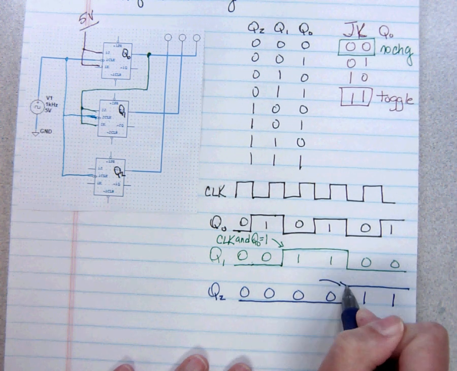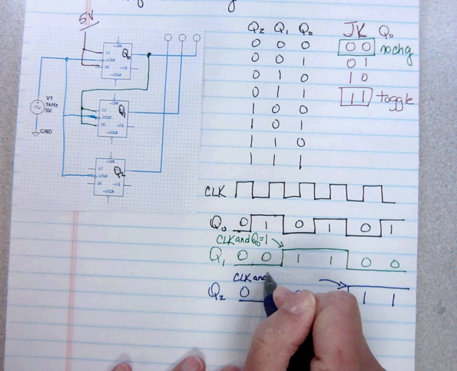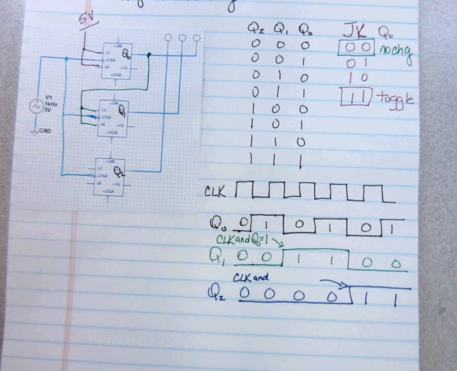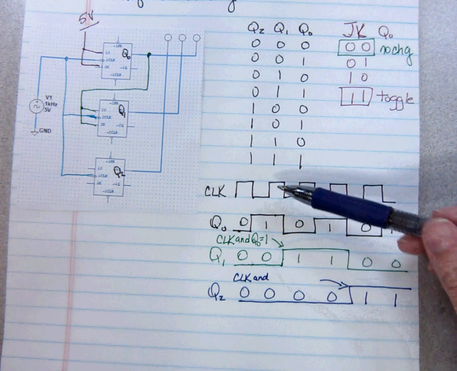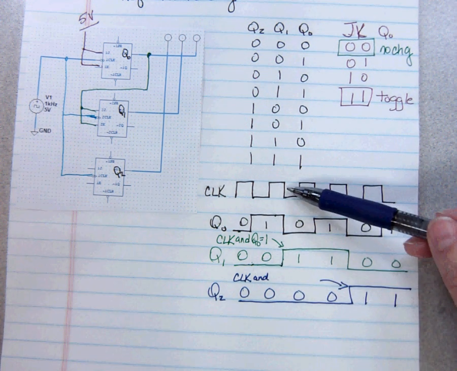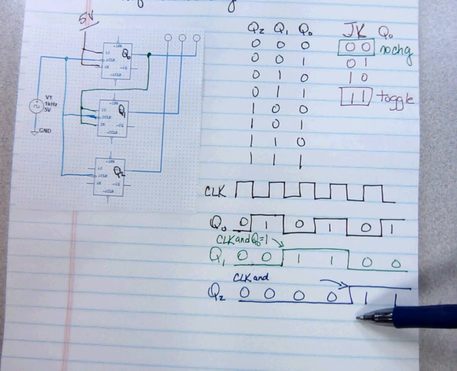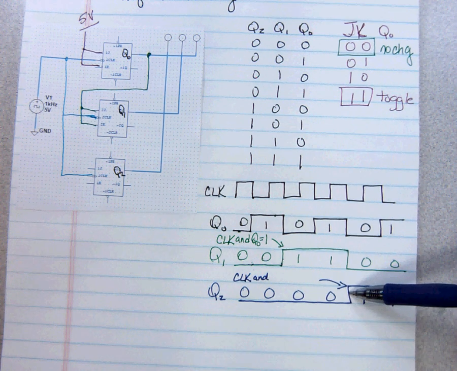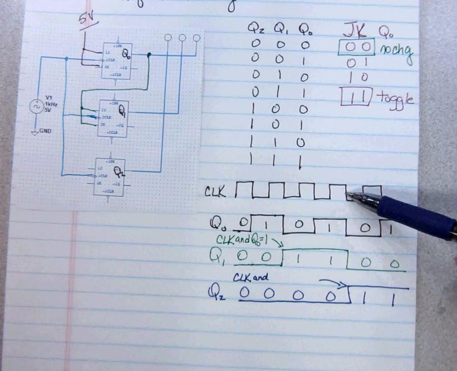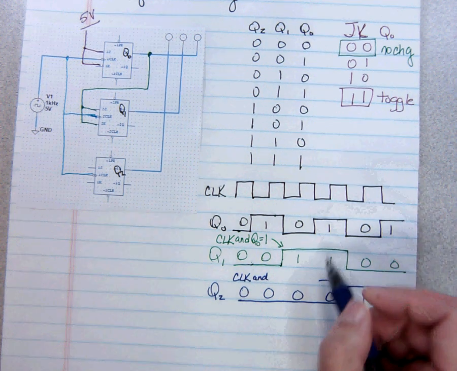So here, I have the clock input, but I also need other conditions to make sure that it doesn't toggle here at this location, and it doesn't toggle at this location, but it waits for this location. So notice that the condition for this Q2 to toggle is a falling edge, and Q0 is 1, and Q1 is 1.